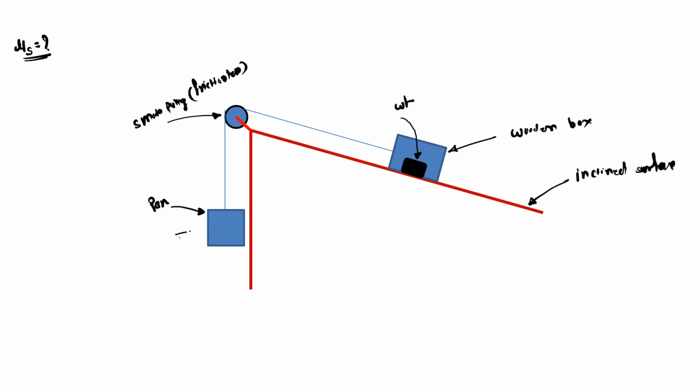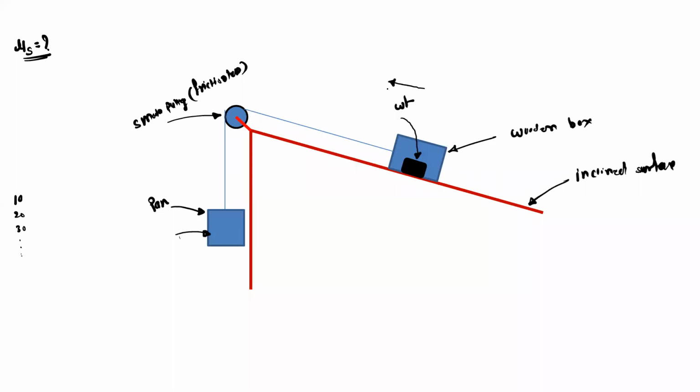We will add the weight in this pan gradually. Suppose we will add initially 10 gram, 20 gram, 30 gram, and so on. At a particular weight, this box will be on the verge of motion in the upward direction. So we have to find out that limiting condition.